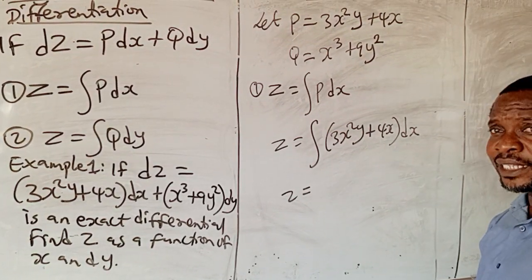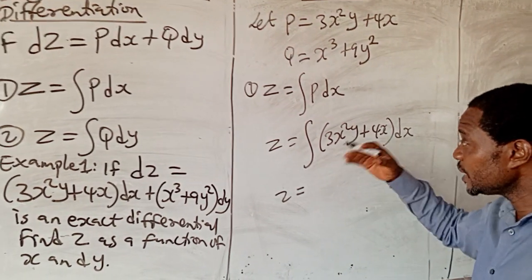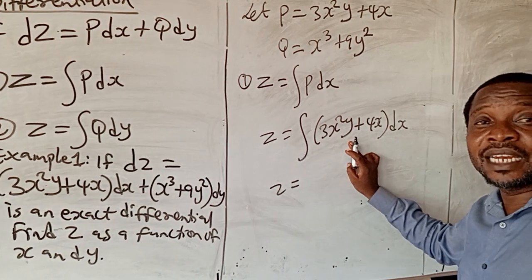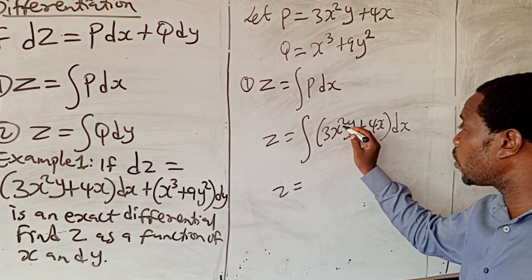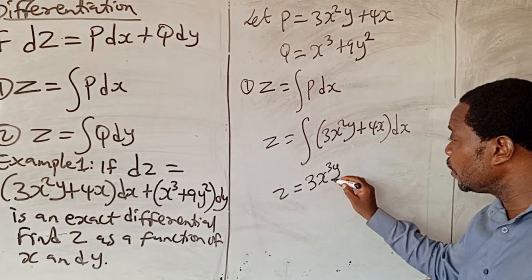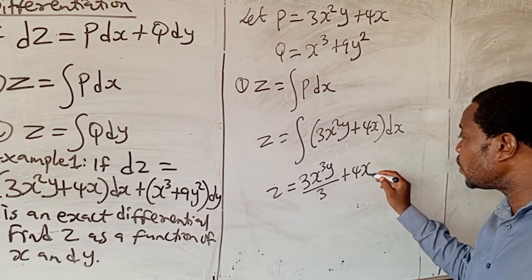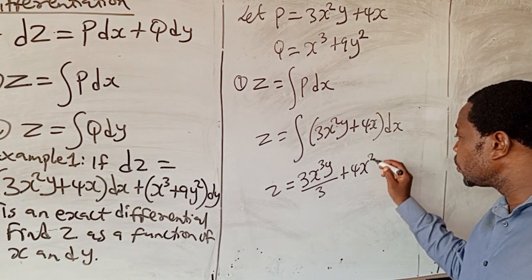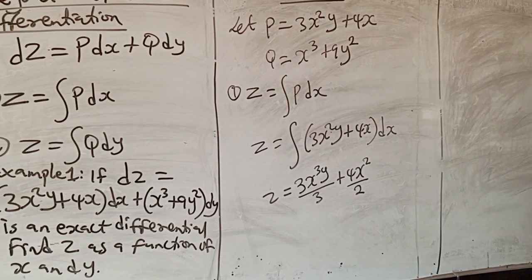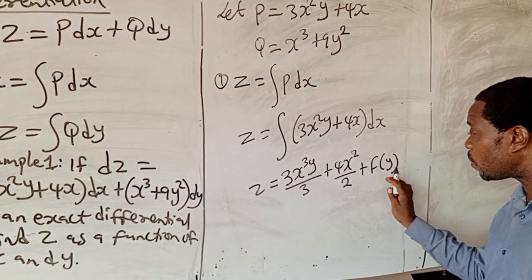Now, how do we integrate? Integration means any time you come, add 1 to the power of x, then divide by the final power. So if you come here now, you are going to have 3x squared y, you add 1 to give you 3, divide by 3. Plus if you come here now, add 1 to the power of x to give you 2, divide by 2. Then after integration, you are going to put your constant. But in this case, your constant will be a function of y.